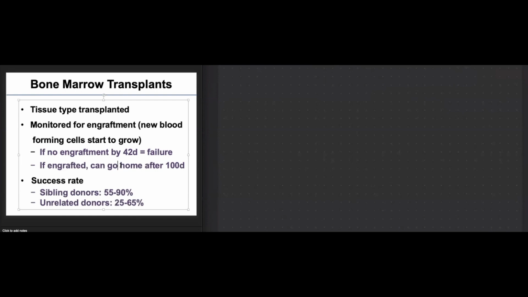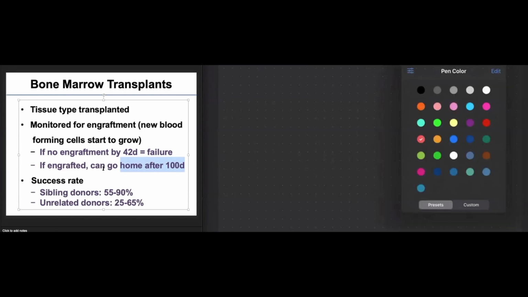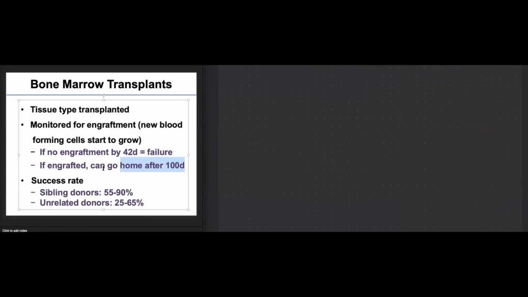The patient will remain in the hospital for 100 days and then he will be able to go home. Why 100 days? Just to make sure that he is producing enough blood cells. Remember, red blood cells remain for 100 days in your bloodstream. So I need to make sure that all the blood cells he has now in his circulation are his own production, not from a previous blood transfusion, right?